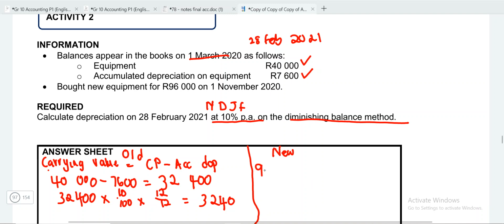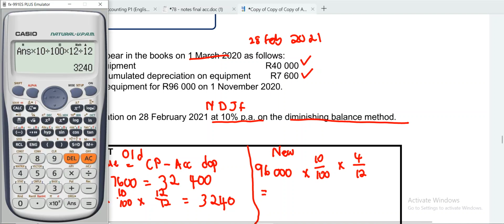So we'll say 96,000 multiplied by 10 over 100, and then also multiply by 4 over 12, and then it will tell us the depreciation for this. It is giving us 3,200.